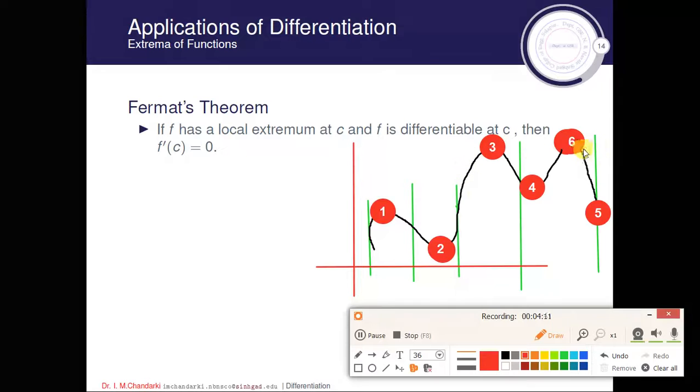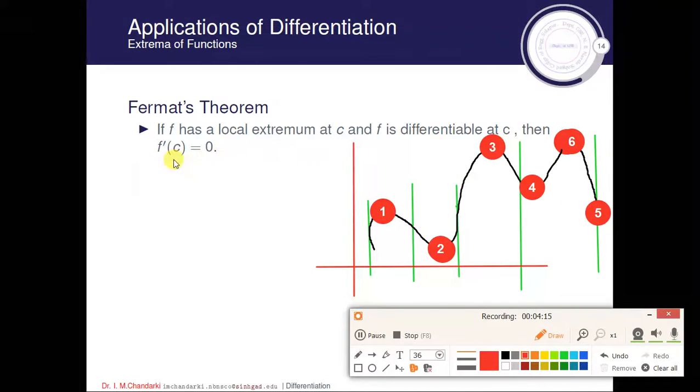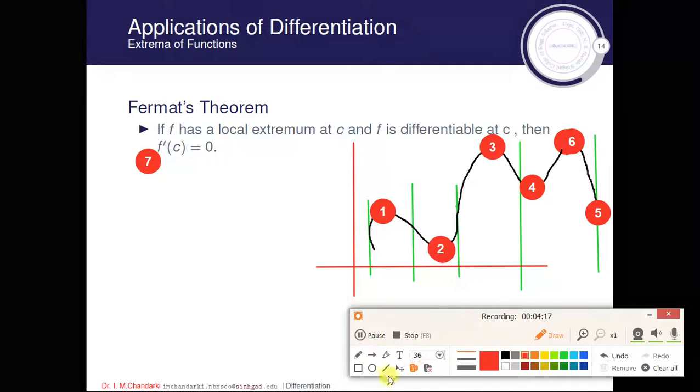At all these points you will observe that f dash of c is 0. What is the geometrical interpretation of f dash of c equal to 0? At that point, you have slope of tangent equal to 0.